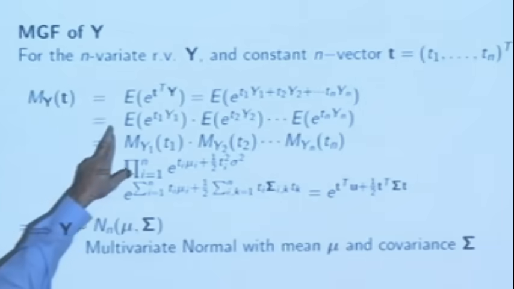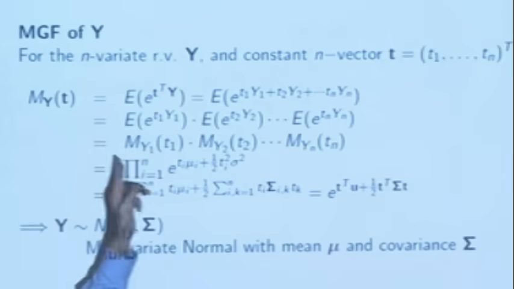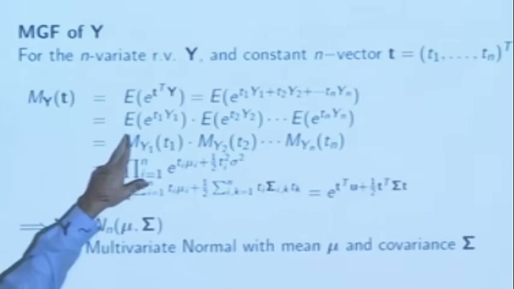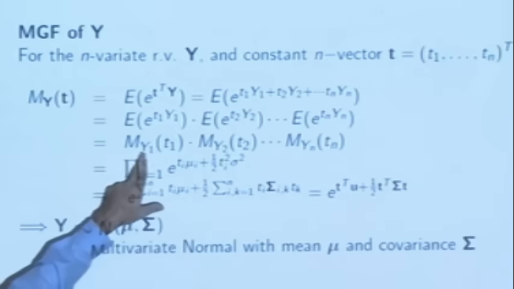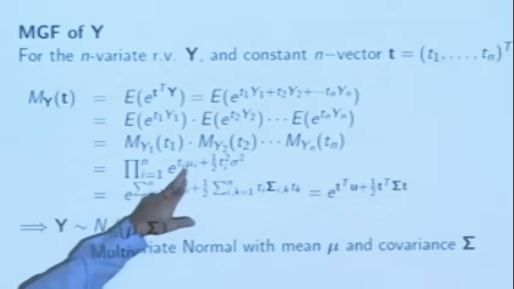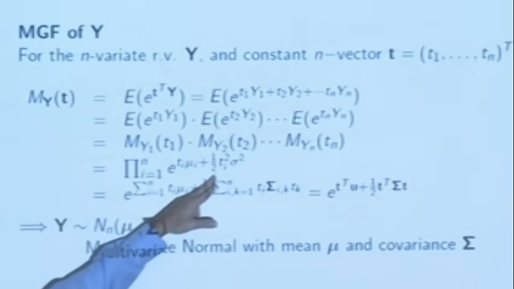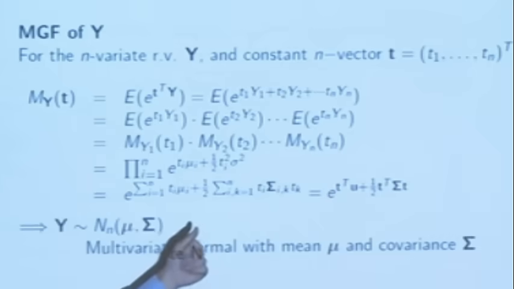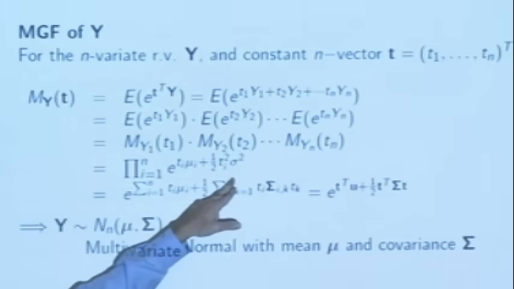Because of independence, the expectation of the products of this exponential sum is the product of the exponentials. And so this moment generating function is simply the product of the moment generating functions for y1 up through yn. And I don't know if it was in the first problem set or in the first lecture, but e to the ti mu i plus a half ti squared sigma squared was the moment generating function for a single univariate normal random variable with mean mu i and variance sigma squared.